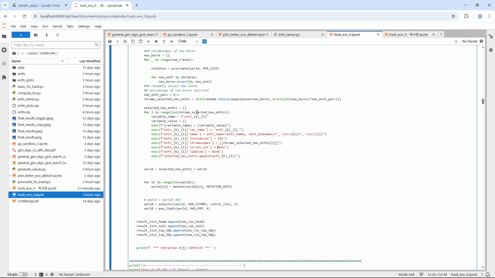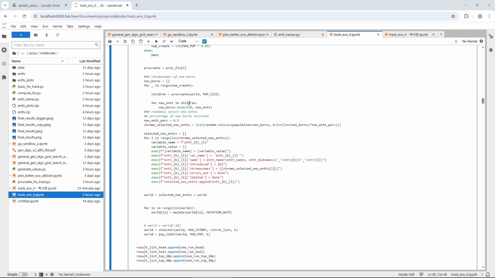Yeah, so I go through all that process. Okay, I think I forgot to mention procreate, and the procreate function in this case I'm using the favoring high for now because that's the only thing I modified. So the procreate function would give back a list of new chromosomes that are the products of chosen parents.